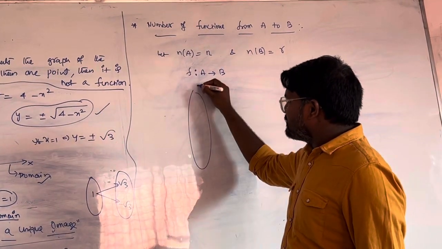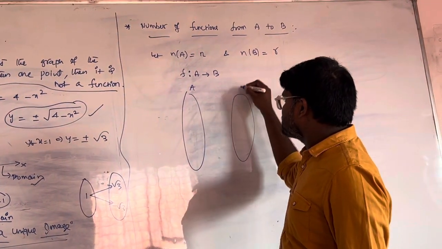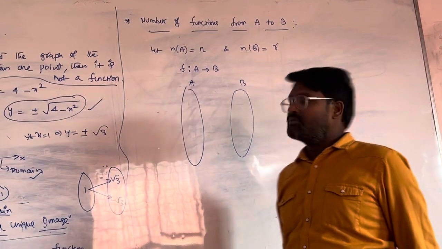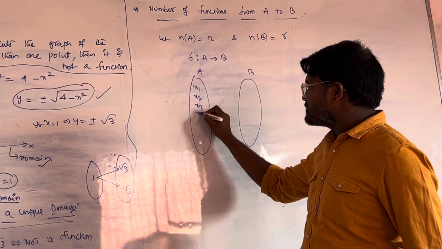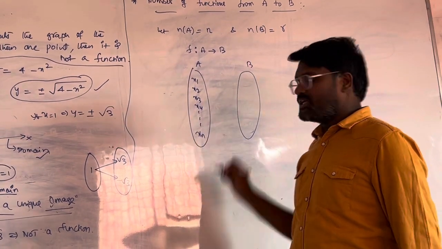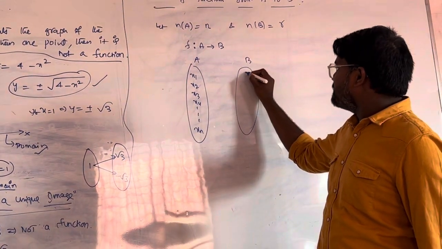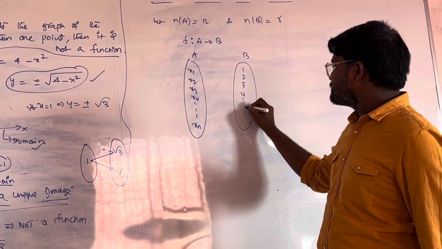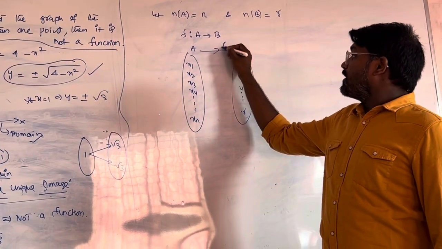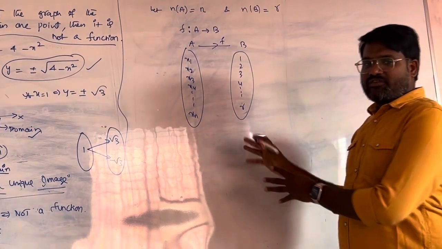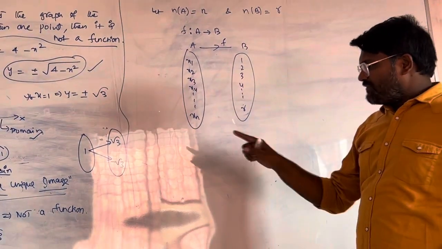Again, everything has its connection to the definition. Let's assume the set A has some n elements like this, and set B has some r elements like this. Now we need to determine how many different functions are possible. Again we'll take the help of the definition.